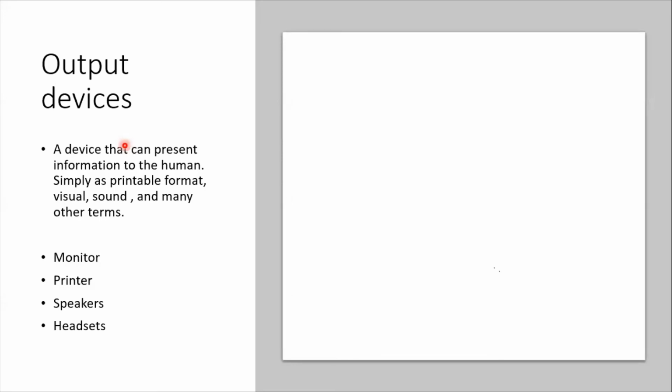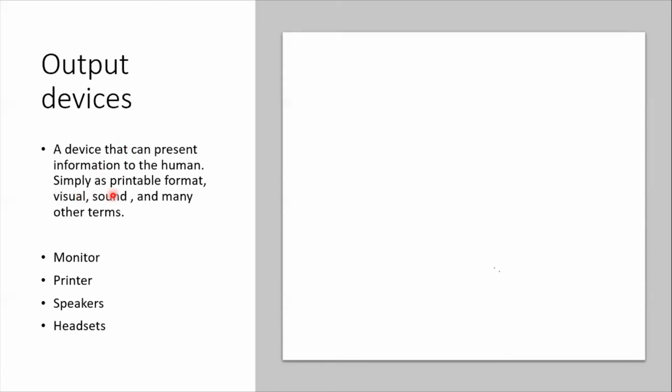Input is perfectly done, process also perfectly done, but there's no output. There's no point, right? There should be an output device to get the fruitful output for us from the computer. Otherwise there's no point, right?